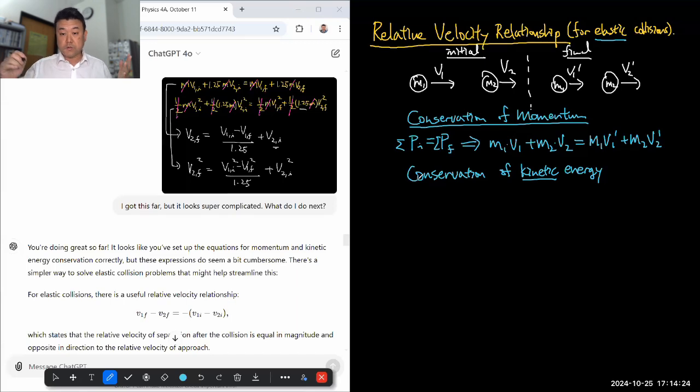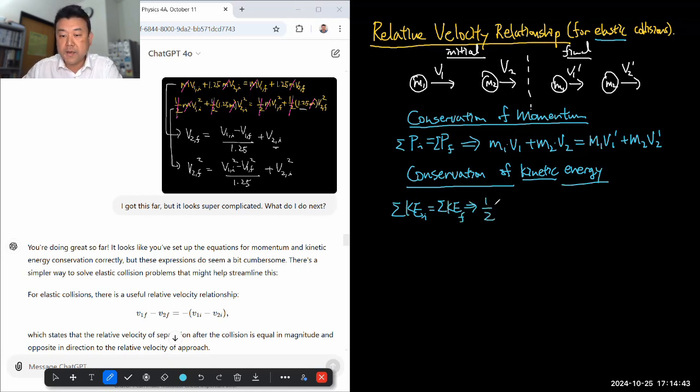So with the conservation of kinetic energy, what we should say is the total initial kinetic energy is equal to the total final kinetic energy, or making it more concrete with the expressions we have, that means 1/2 m1 v1 squared plus 1/2 m2 v2 squared is equal to 1/2 m1 v1 prime squared plus 1/2 m2 v2 prime squared.